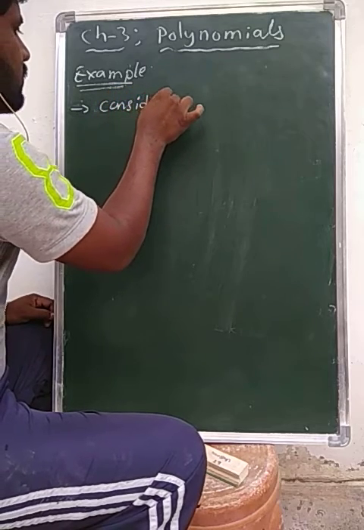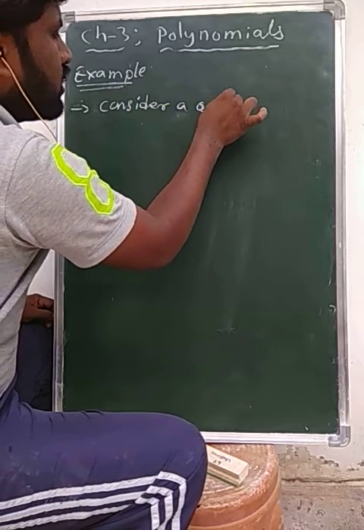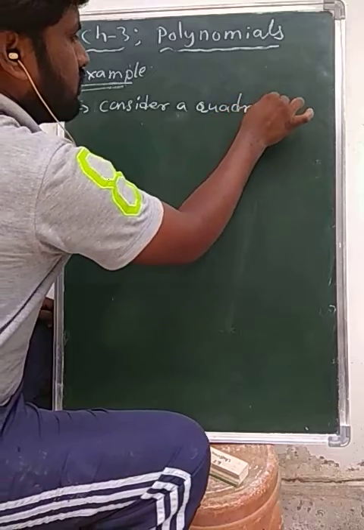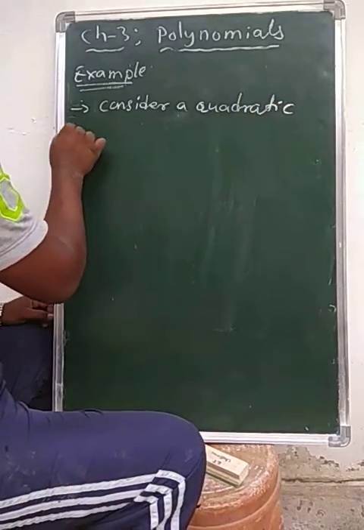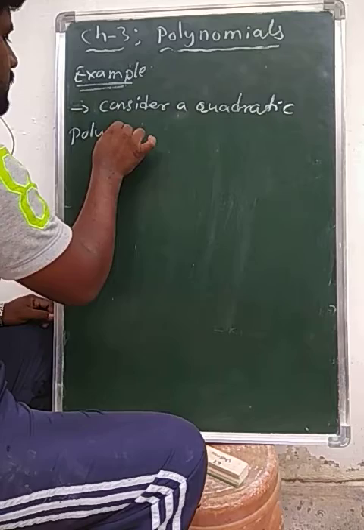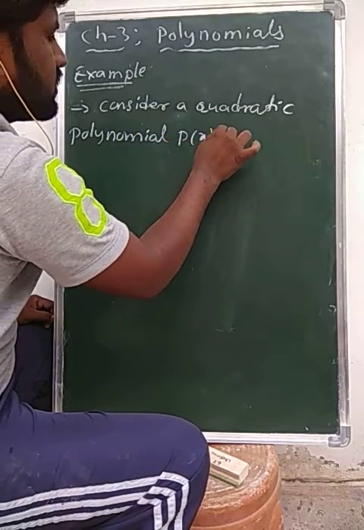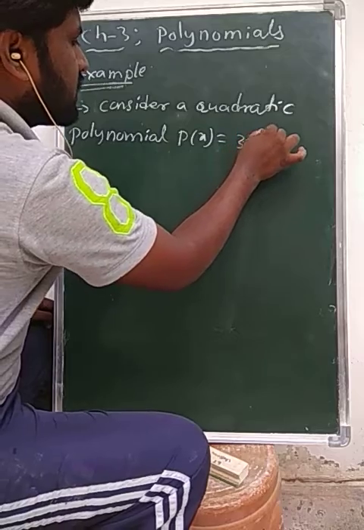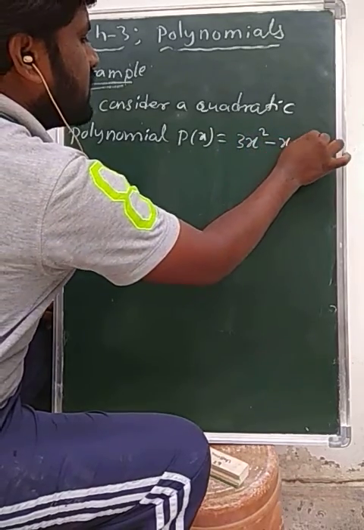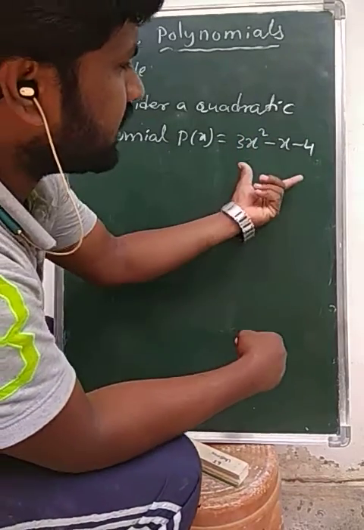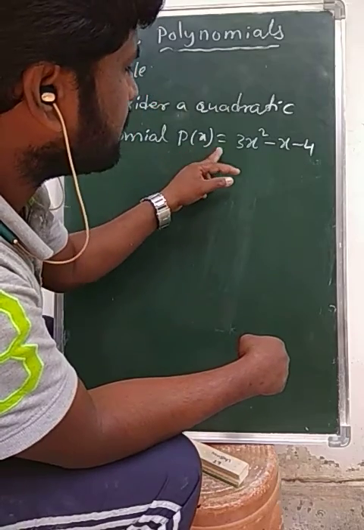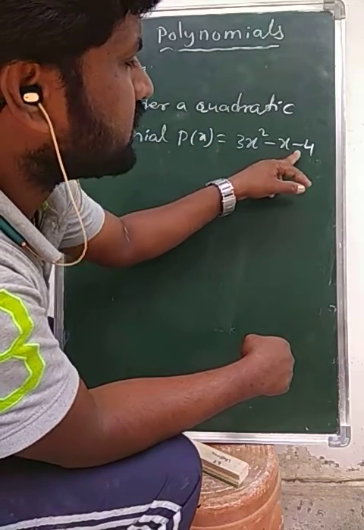Consider a quadratic polynomial p of x is equals to 3x square minus x minus 4. I have taken a quadratic polynomial p of x is equals to 3x square minus x minus 4.